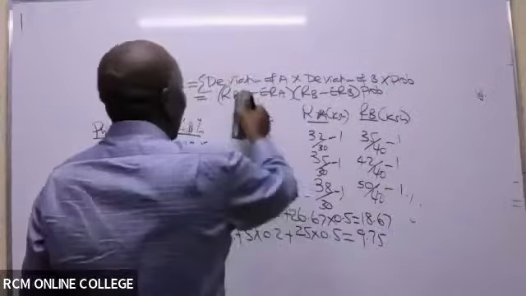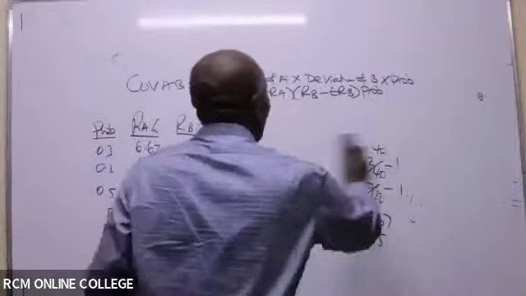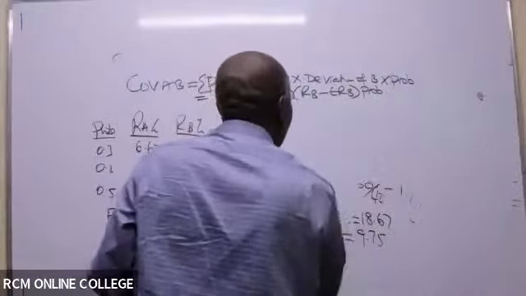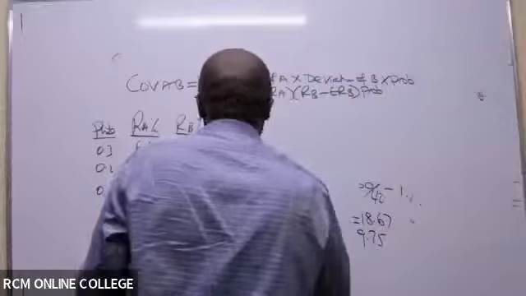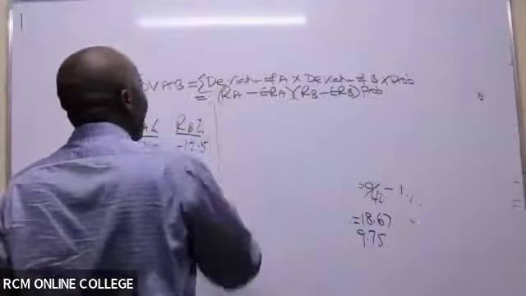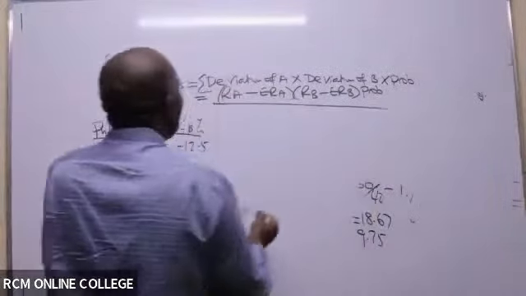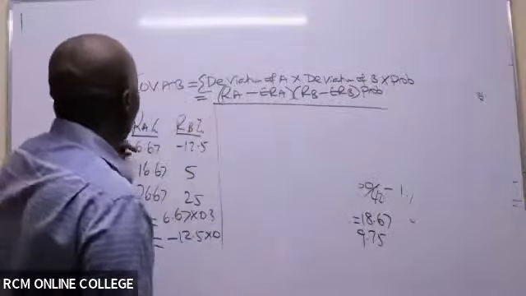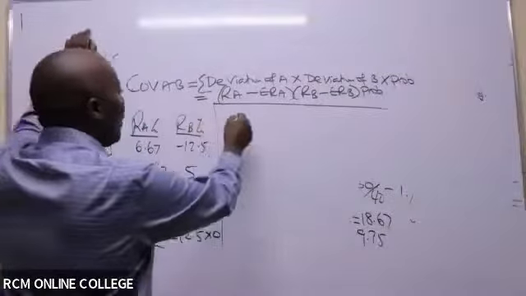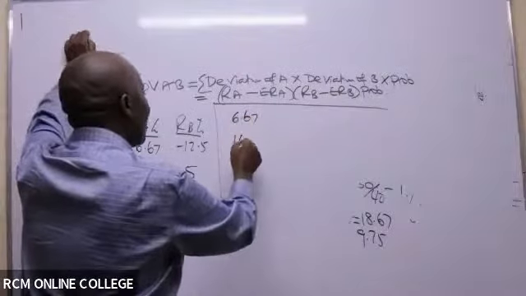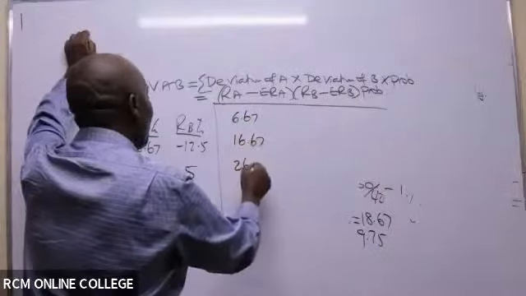Ladies and gentlemen, I can now delete this and we work this thing out very easily. You create a table. Here are the returns of A, these percentages. You put 6.67, 16.67, picking first the actuals.